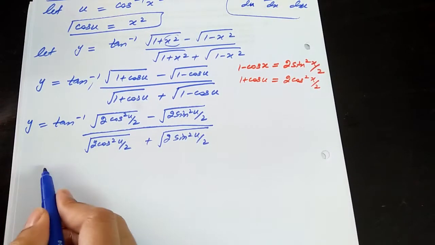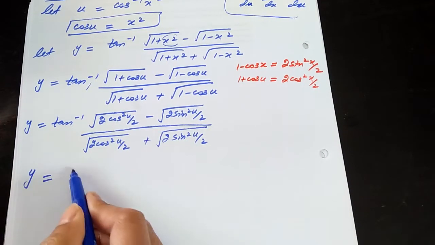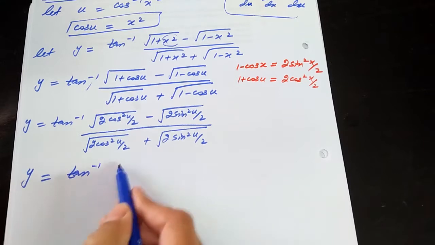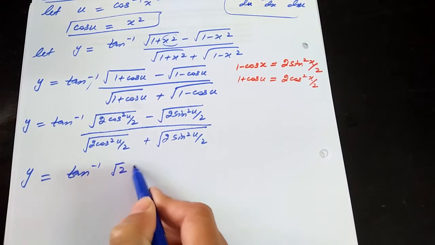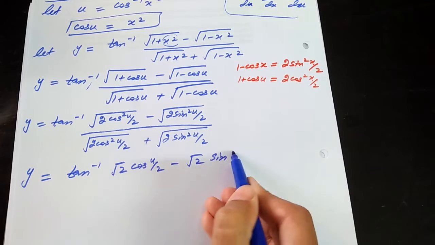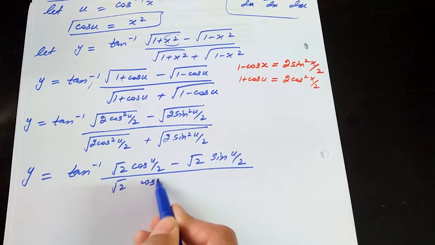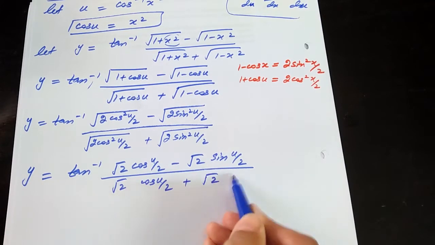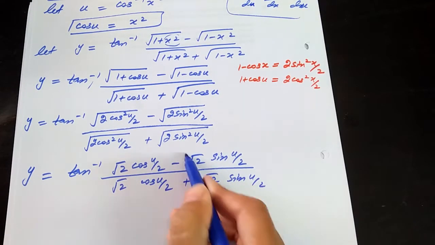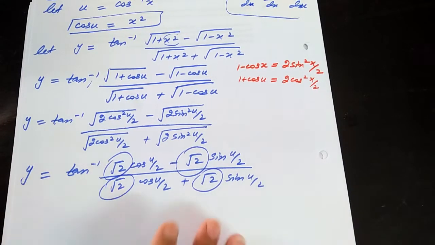So this will become, now the square terms will be cancelled out. So this will become y equals tangent inverse of (under root 2 cos of u by 2 minus under root 2 sine of u by 2) divided by (under root 2 cos of u by 2 plus under root 2 sine of u by 2). Now this under root can be taken outside as common and cancel with each other.